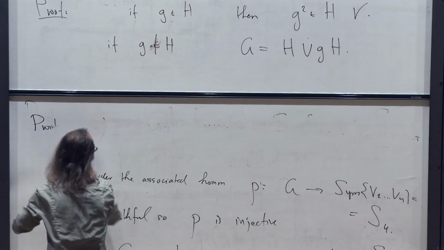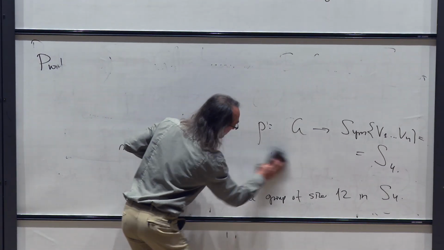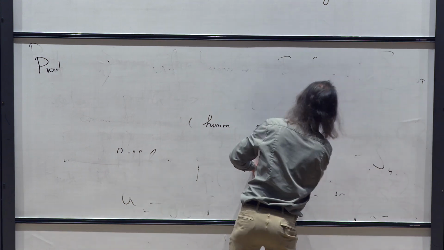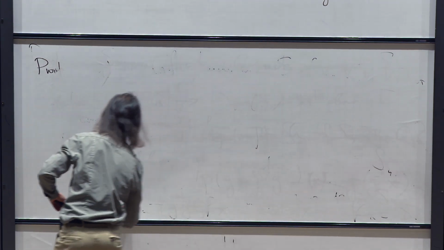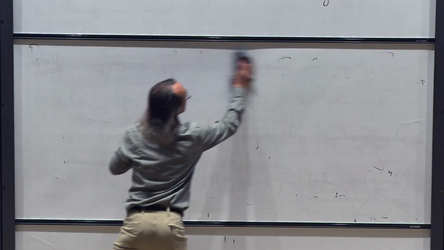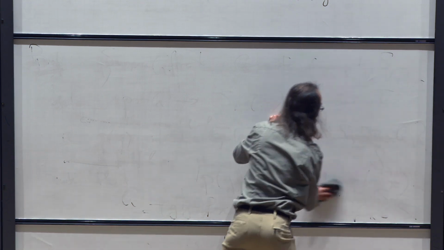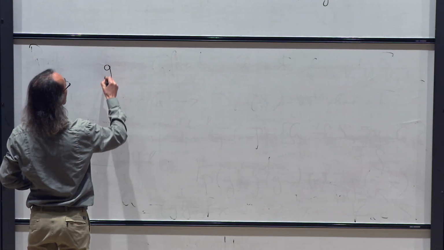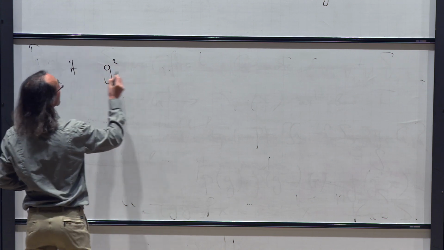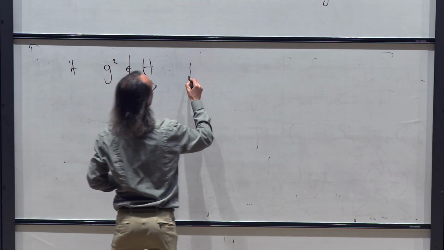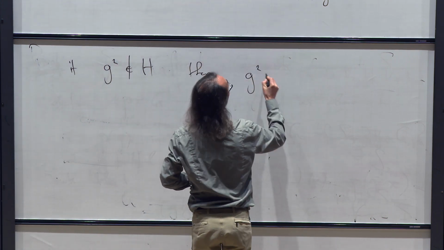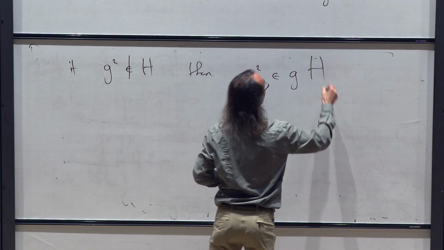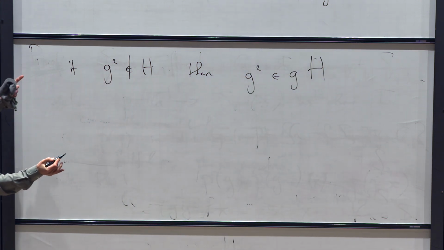But then what are the possibilities for g squared? If g squared is not in H, then g squared must be in gH, because that's the other possibility.